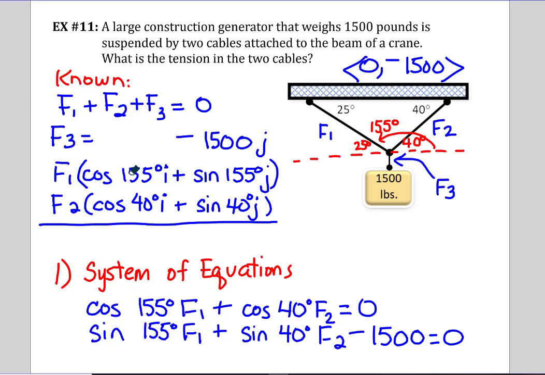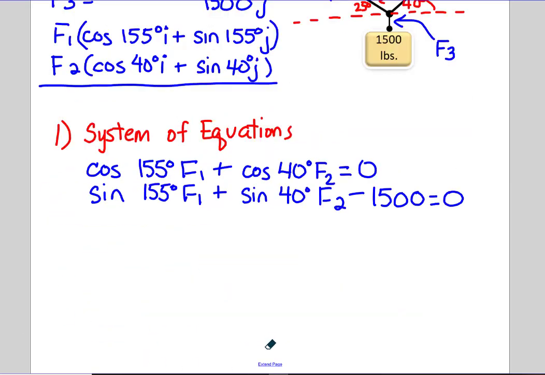So cosine of 155 and cosine of 40 add up to 0, and then in this column, sine of 155 and sine of 40 and negative 1500, those three have to add up to 0. Now we're good to go. Hard to talk and write and keep it neat. So I want to call this one equation 1 and this one equation 2. And there we have our system of equations.